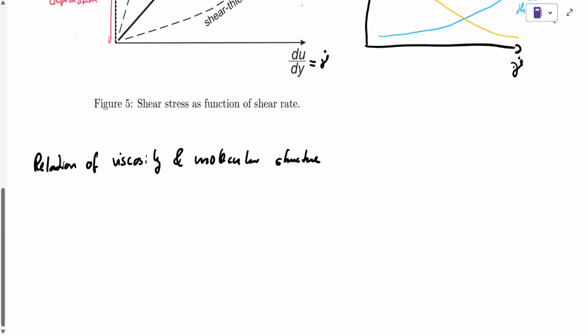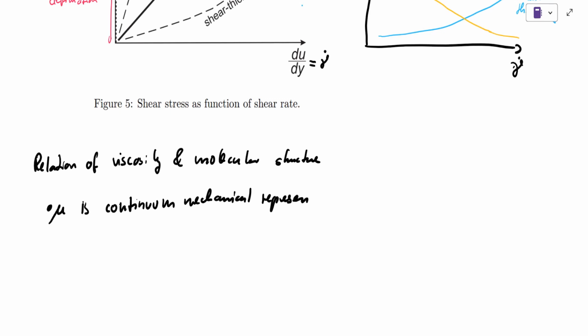So we know that the dynamic viscosity mu is the continuum mechanical representation of the molecular transport of momentum.